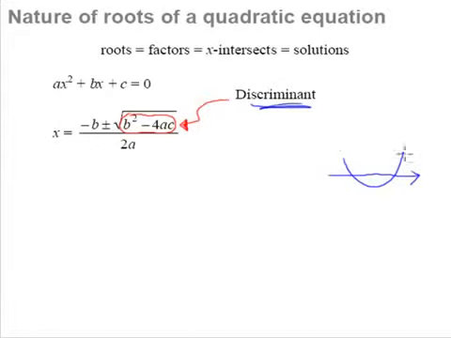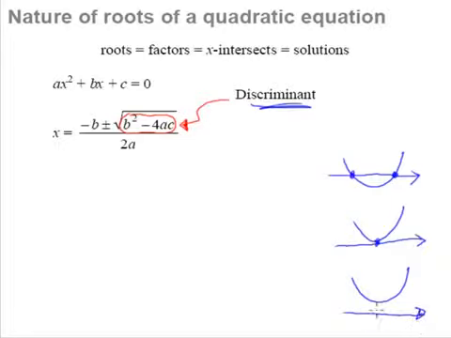It can cut your x-axis at 2 points. Likewise, it can be a quadratic equation that only touches the x-axis at only 1 point. The quadratic equation can also choose not to cut the x-axis at all.